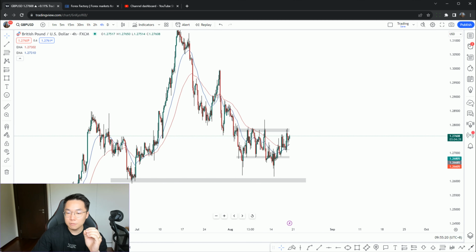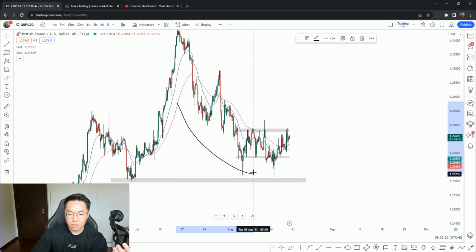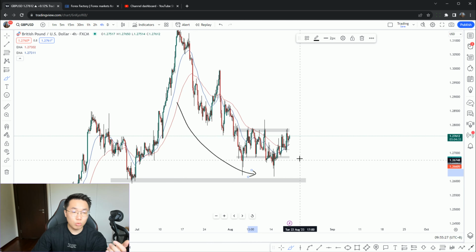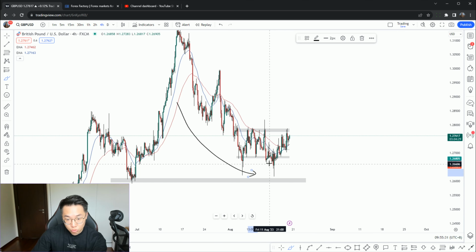Why? First thing, this is more of an advanced price action reading. The angle of the pullback is shallow. When you have that rounding bottom, when you have that rollover here, that is a big sign of strength. Or on another side, that is a big sign of sellers not having enough strength.